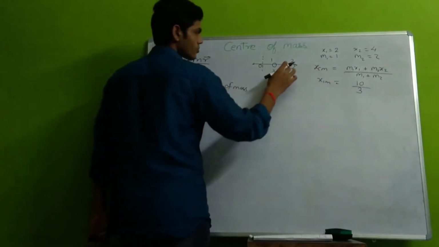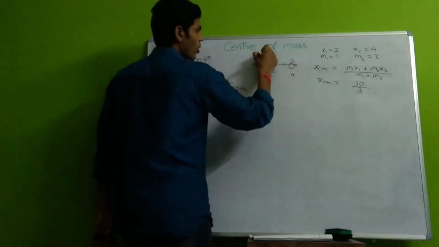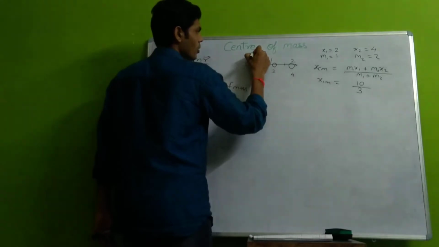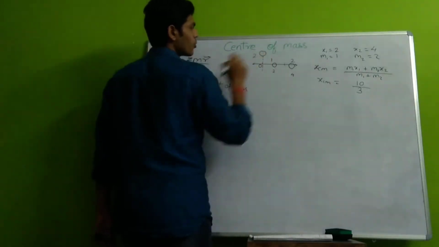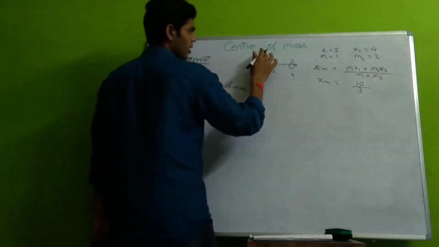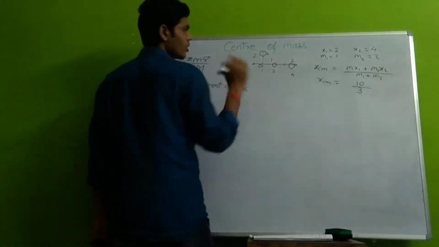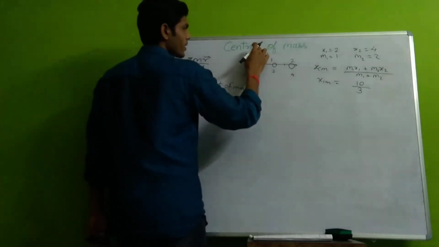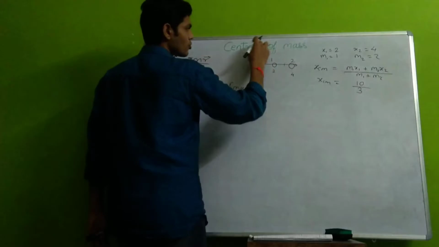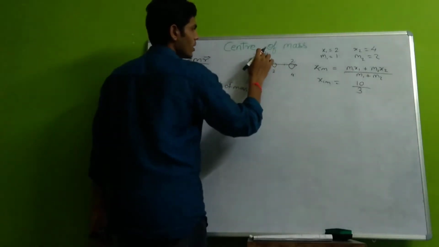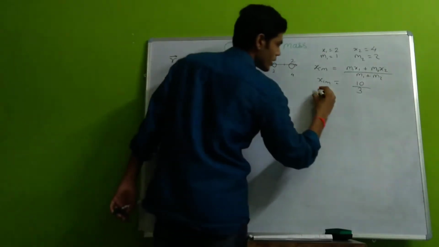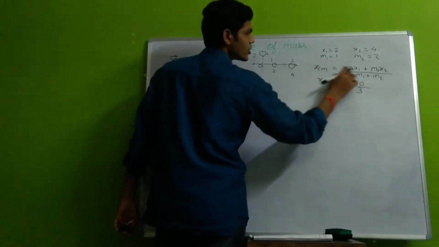Now what if, instead of this point, the object is at this point, at some y equal to 2, let's say, and the mass of this object is again 2. If we have to find the center of mass of these two objects, we can write XCM using this formula.